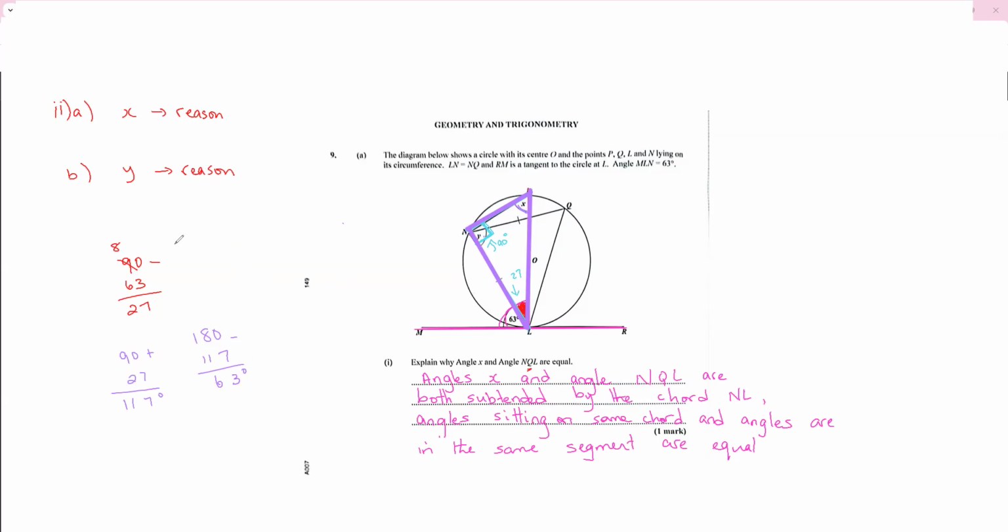So I'm comfortable with my reason and my working. I'm going to explain it in very layman terms, using the lines in order to help you explain it.